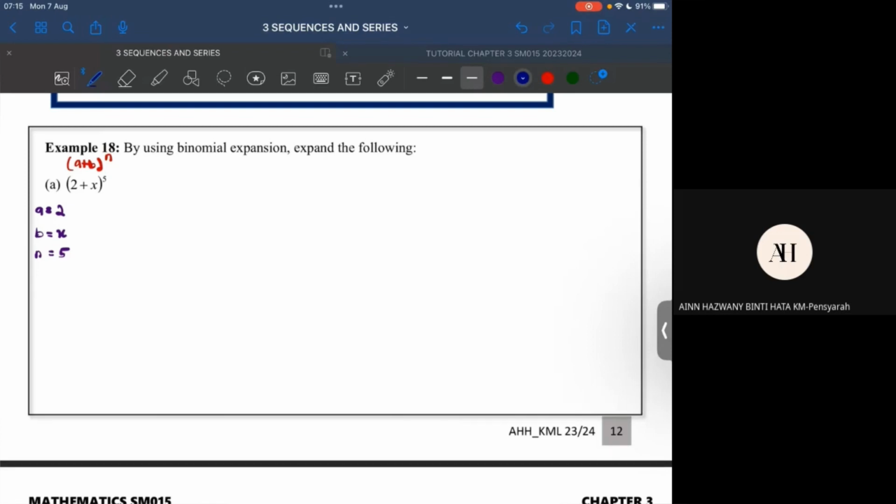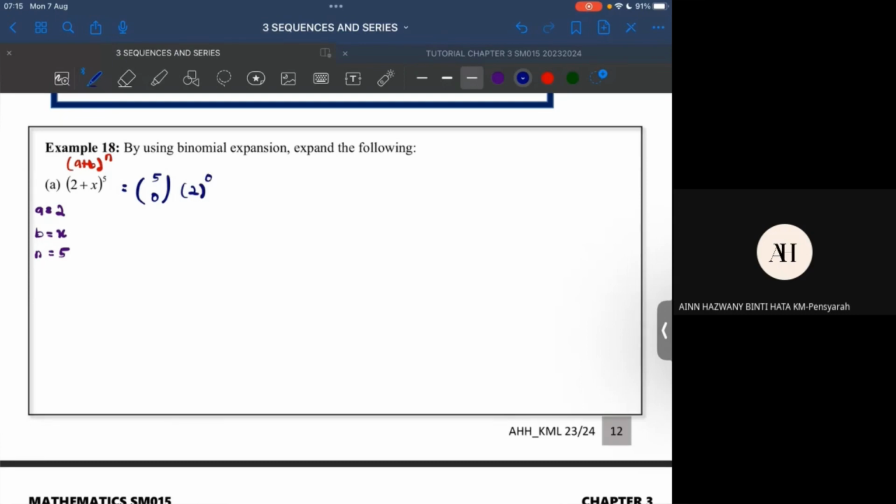So how to expand this is the first one is NC0. N ialah 5 di bawah 0. Okay, A, start with power N. So 5. B, start with 0. Okay, B kita ialah X lah. Ya sorry, sekejap. So A kita ialah 2 to the power of 0.